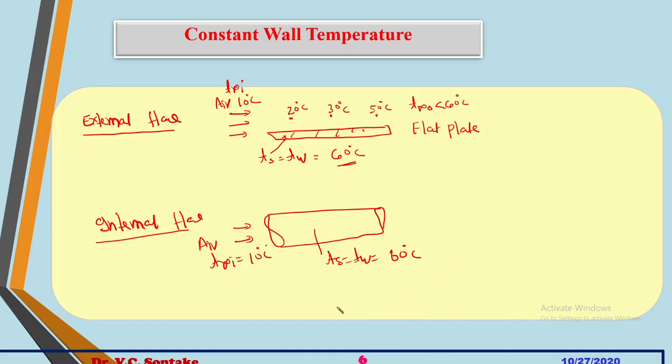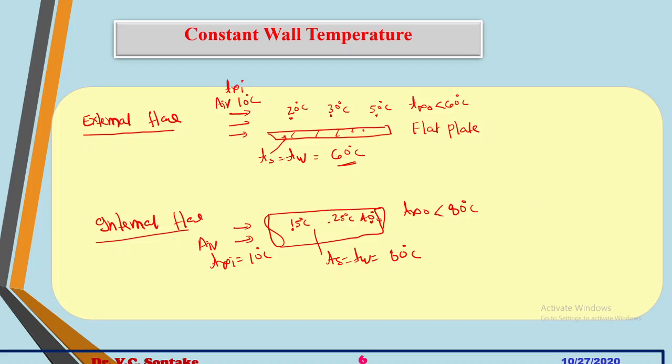So when air at 20 degrees Celsius is flowing through this pipe, so it will be internal flow, its temperature will be increasing at various points along the length of this tube, and when it comes out of this tube, its temperature will be less than 80 degrees Celsius.